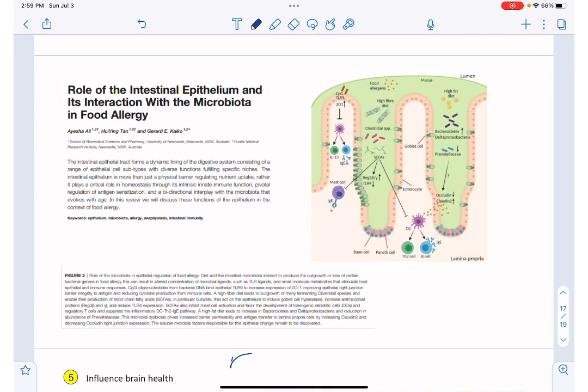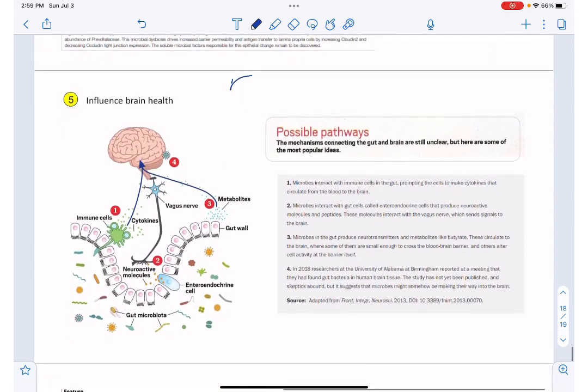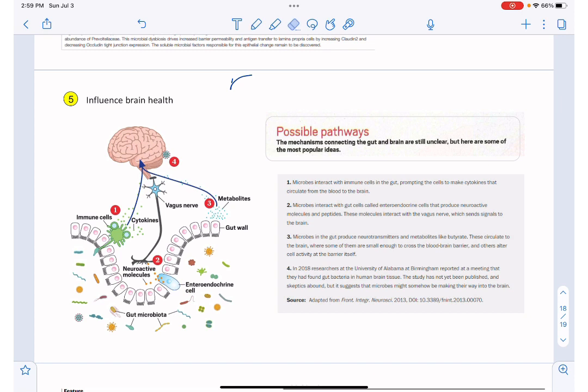Here's another article. This is the role of the intestinal epithelium in its interaction with the gut microbiome and the effects that that can have on food allergy. And lastly, and very interestingly, they're showing that the gut microbiome may have an influence on the brain and brain health.